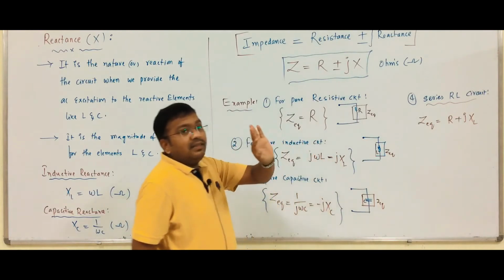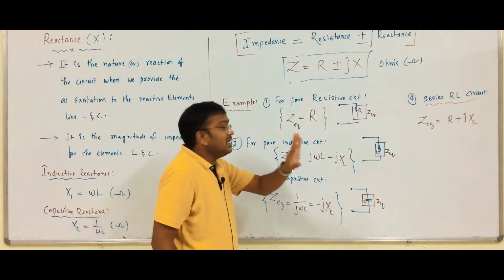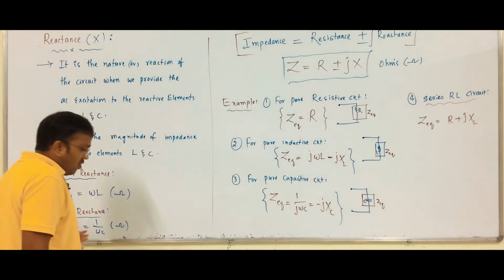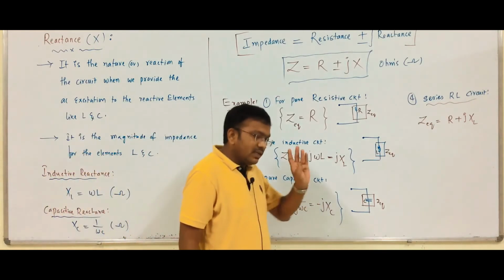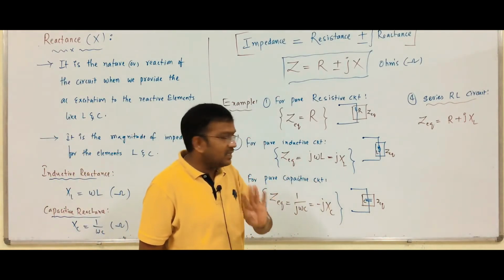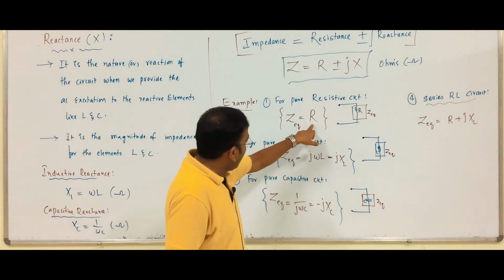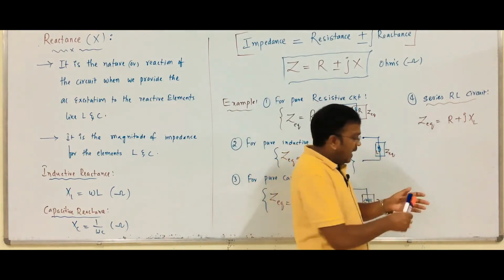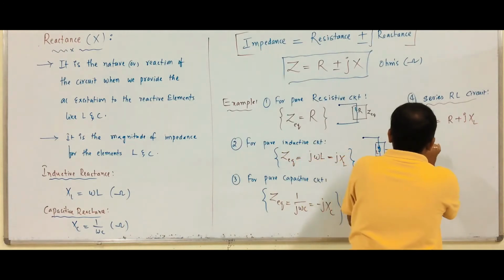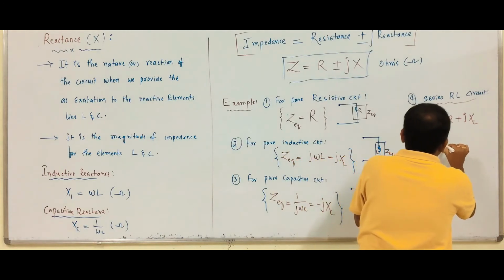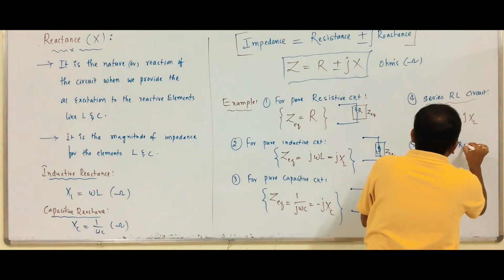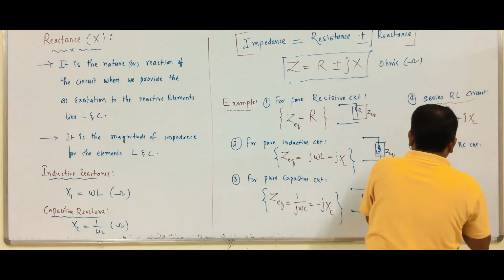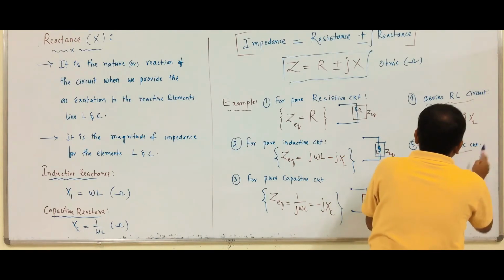We are connecting the resistance and inductance in series. See, series combination of impedance is nothing but what? Summation of individual impedances, Z1 plus Z2. Therefore, R plus j omega L. Like that, for series RC circuit, tell me, Z equivalent is nothing but what?